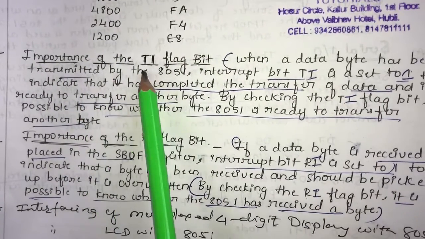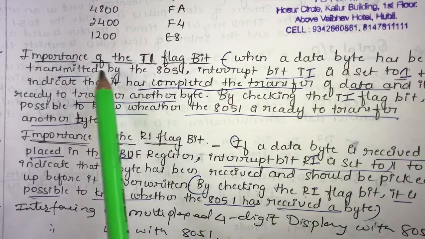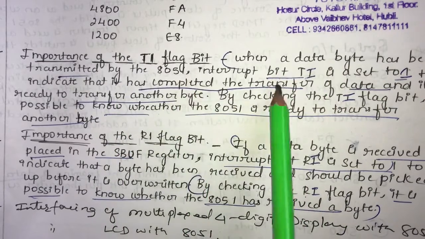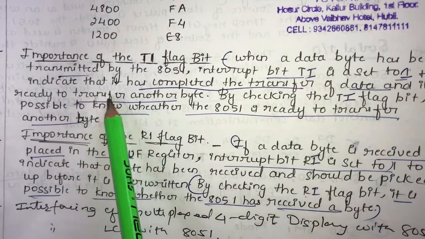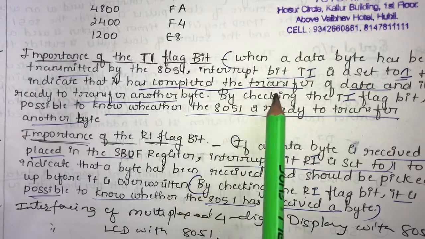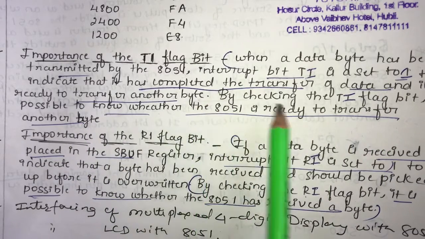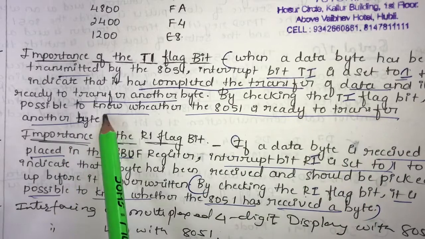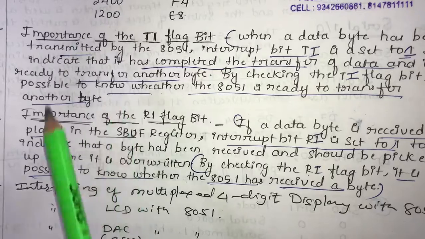So, the importance of the TI flag bit. As we know, when the data byte has been transmitted by the 8051, the interrupt bit TI is set to 1. It indicates that it has completed the transfer of data and is ready to transfer another byte. By checking this TI flag bit, it is possible to know whether the 8051 is ready to transfer another byte.